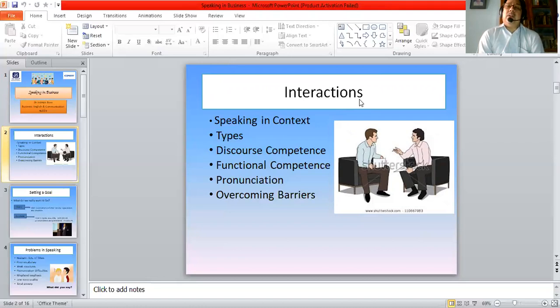So we need discourse competence as well as functional competence. We're also going to look at the nitty-gritty of pronunciation, which is a part of speaking, of course, and how we can overcome the various barriers or problems in speaking. Let us begin.